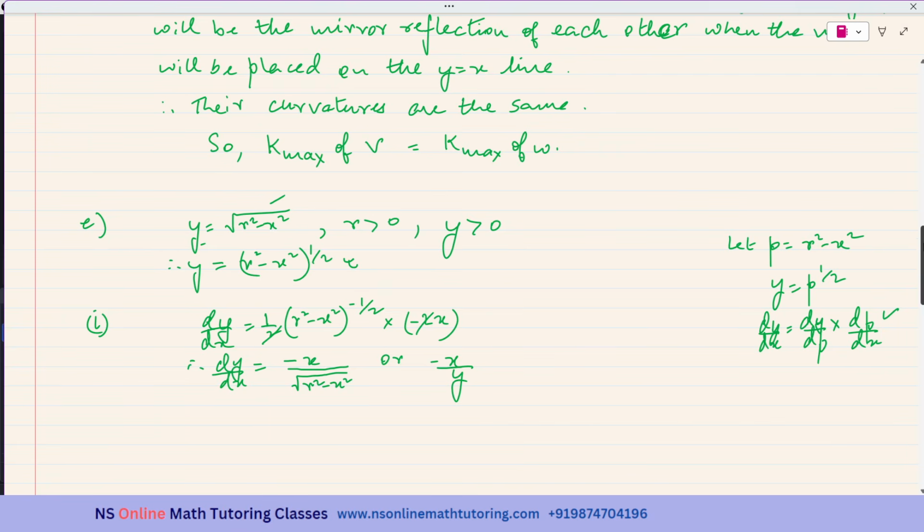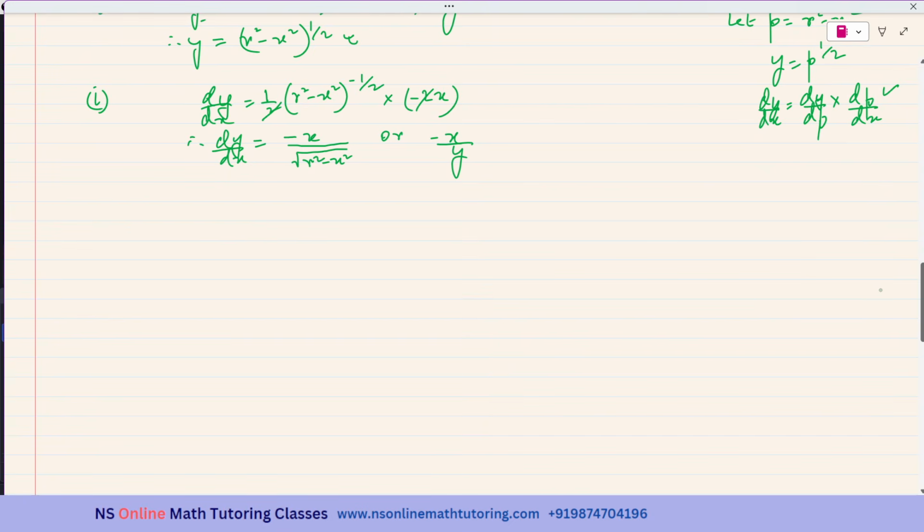Now we have to find the expression for the second derivative. You can take the first derivative's expression as this one or this one, either. Obviously for both of them you have to use the quotient rule. If you want, I can show the differentiation of both expressions. So method 1, I'll be taking this one. u is negative x and v is square root of r square minus x square.